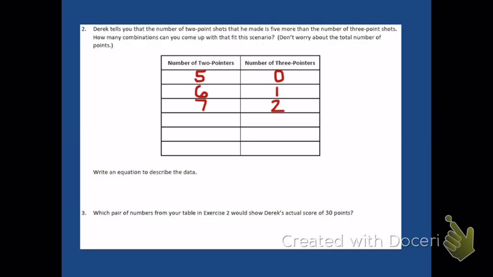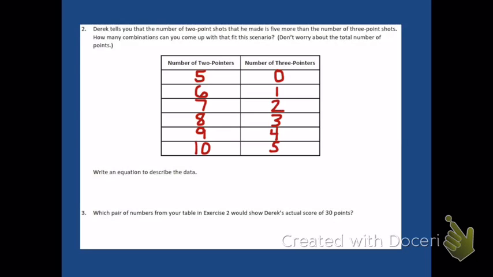If I do 2 3-pointers, it would be 7. 3 3-pointers would give me 8 2-pointers, and so on. Those are some of the options. There would be more, knowing that there are 5 more 2-pointers than 3-pointers.